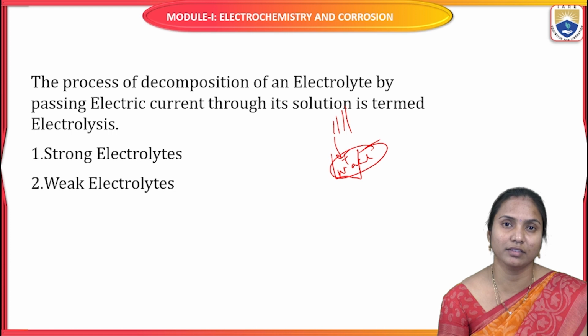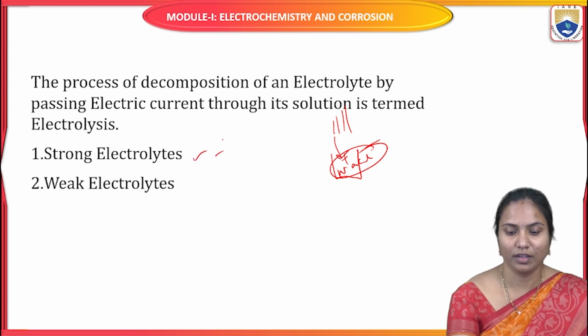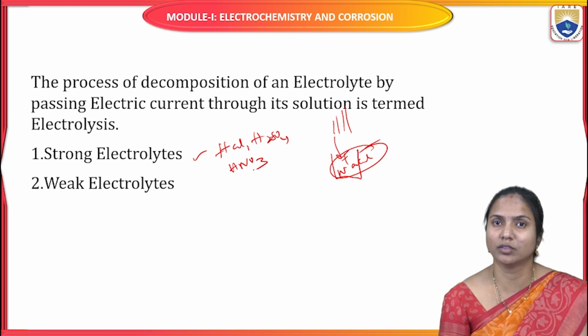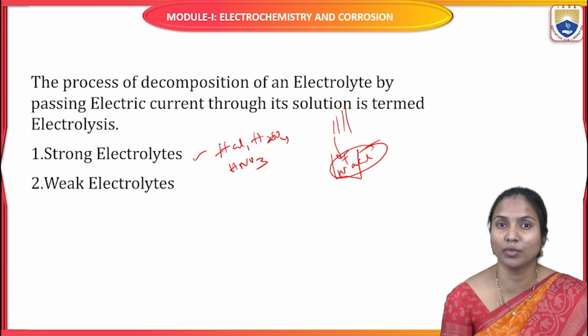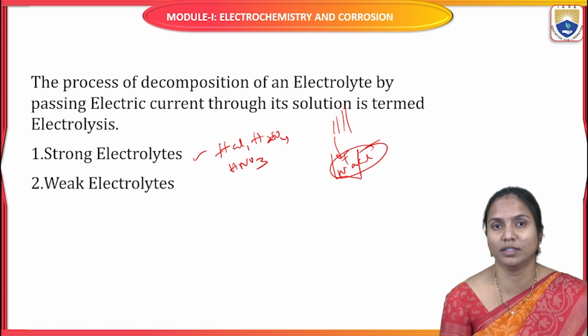For example, all strong acids like HCl, H2SO4, HNO3 are the best examples of strong electrolytes, and weak bases are examples of weak electrolytes.